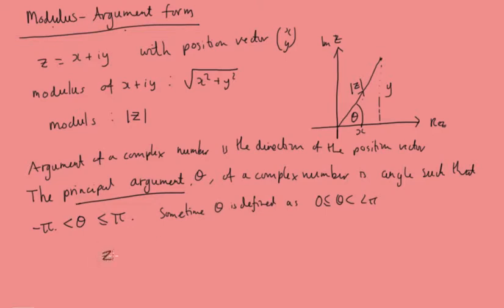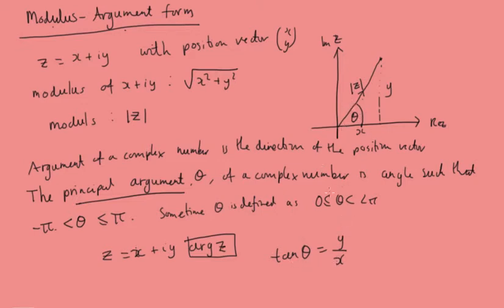So if we have z equals x plus iy, then this is the notation for the argument of z. And therefore, we can see from here, we can use trigonometry that tan theta is going to be y over x.